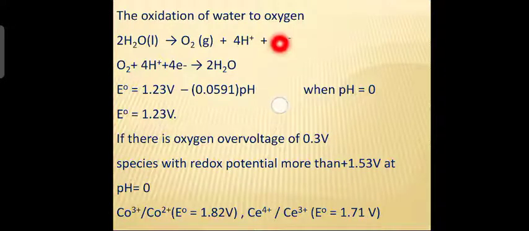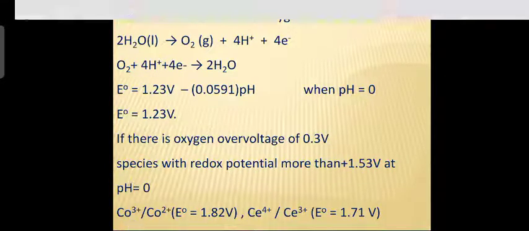Oxidation of water to oxygen can be represented by this equation: 2H2O liquid giving O2 gas plus 4H plus 4 electrons. And O2 gas combined with 4H plus and 4 electrons gives 2H2O. So, E0 is equal to 1.23 volts minus 0.0591 pH, or E0 is equal to 1.23 volts when pH is 0.